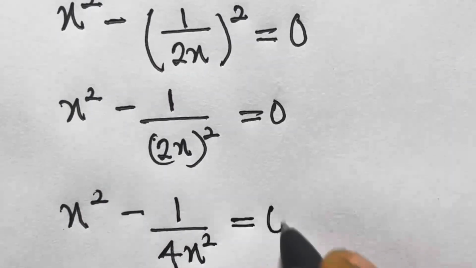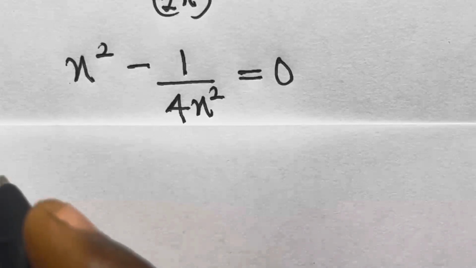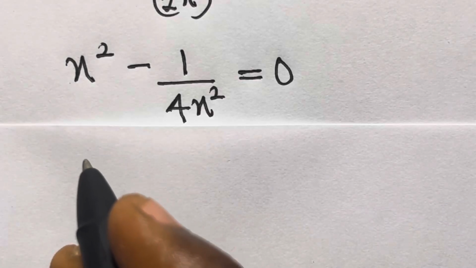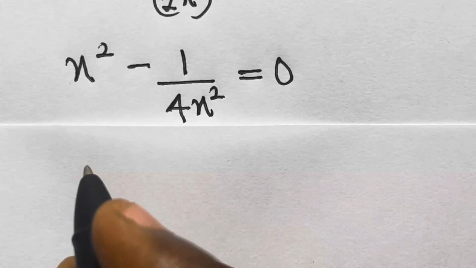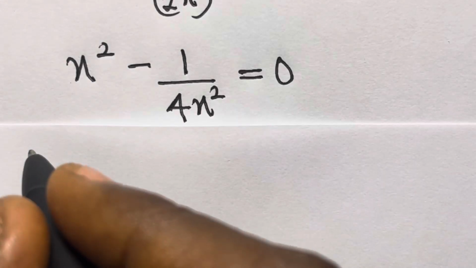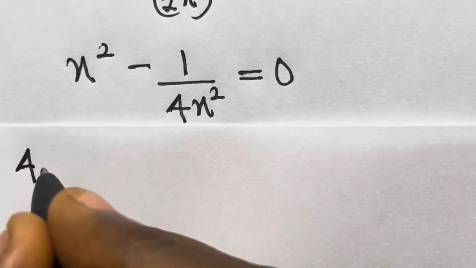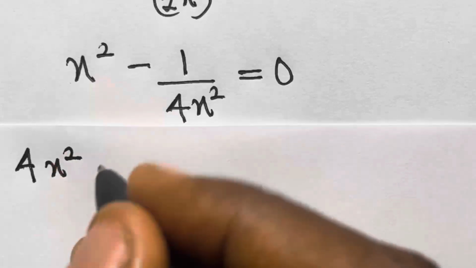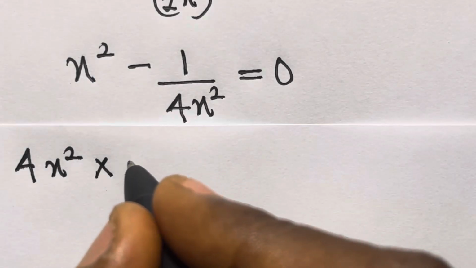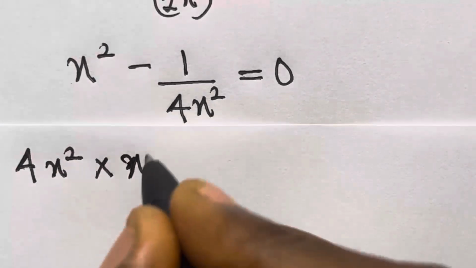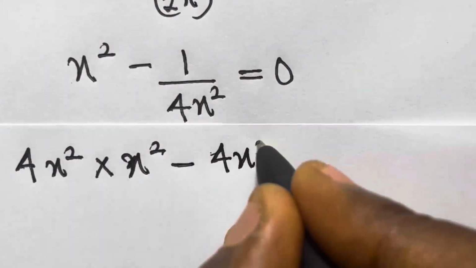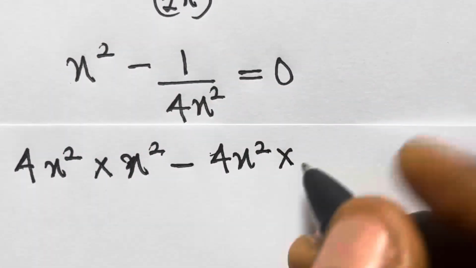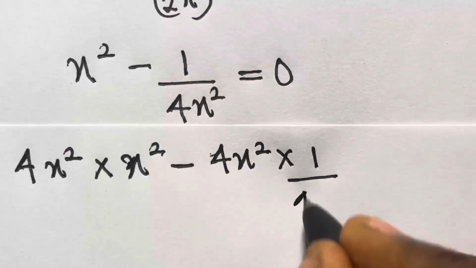So equals 0. But if we multiply both sides by 4x squared, we'll have 4x squared times x squared, then minus 4x squared times 1 divided by 4x squared equals 0.